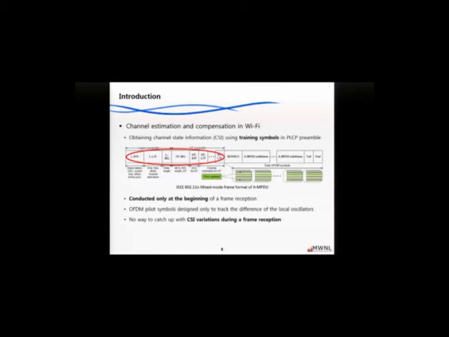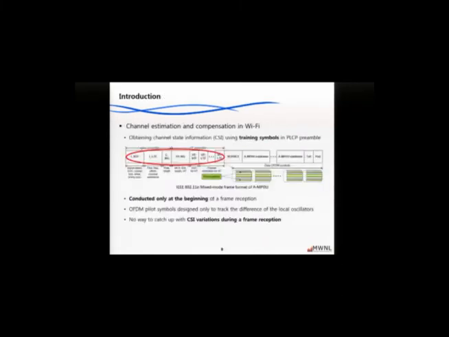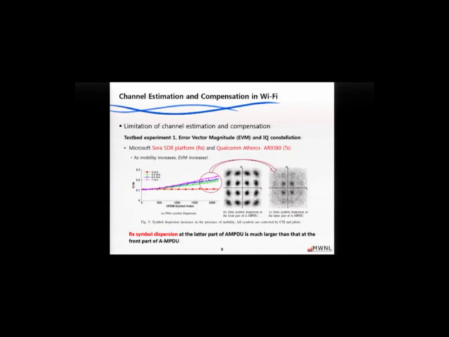Because of that, the CSI, which is channel state information, is learned only at the beginning of a frame reception, and that learned CSI will be used for the rest of the frame reception. So we can easily imagine that if the channel changes over the course of frame reception, apparently we might have some errors, right?